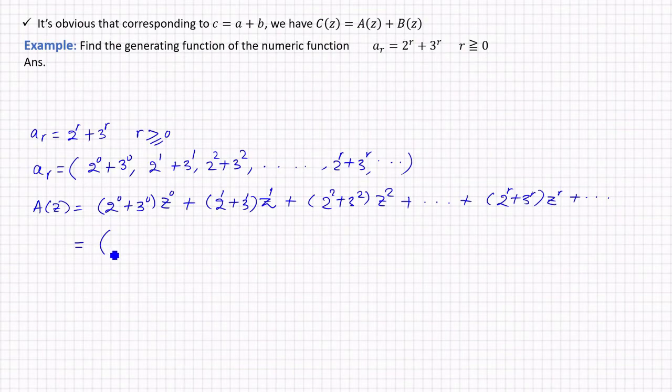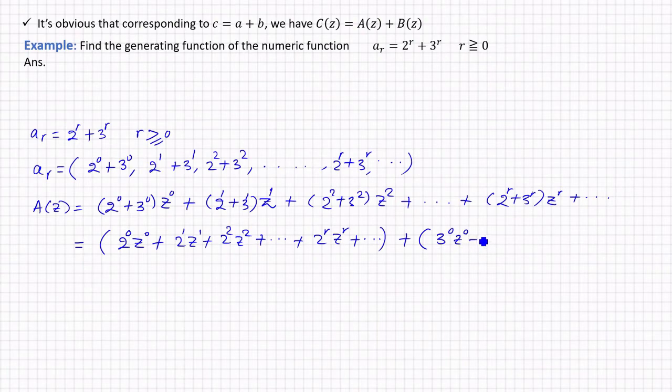So we get 2^0 z^0 + 2^1 z^1 + 2^2 z^2 + ... + 2^r z^r and so on, then writing down the powers of 3, 3^0 z^0 + 3^1 z^1 + 3^2 z^2 + ... + 3^r z^r and so on.